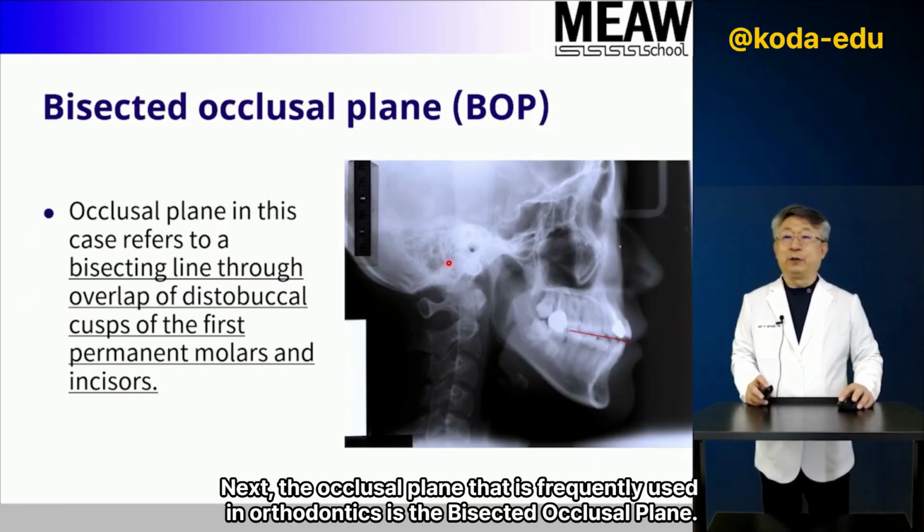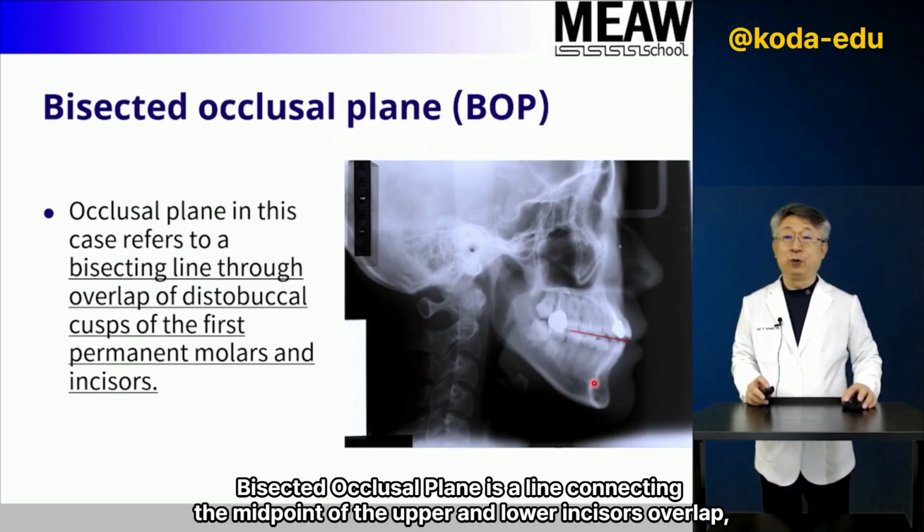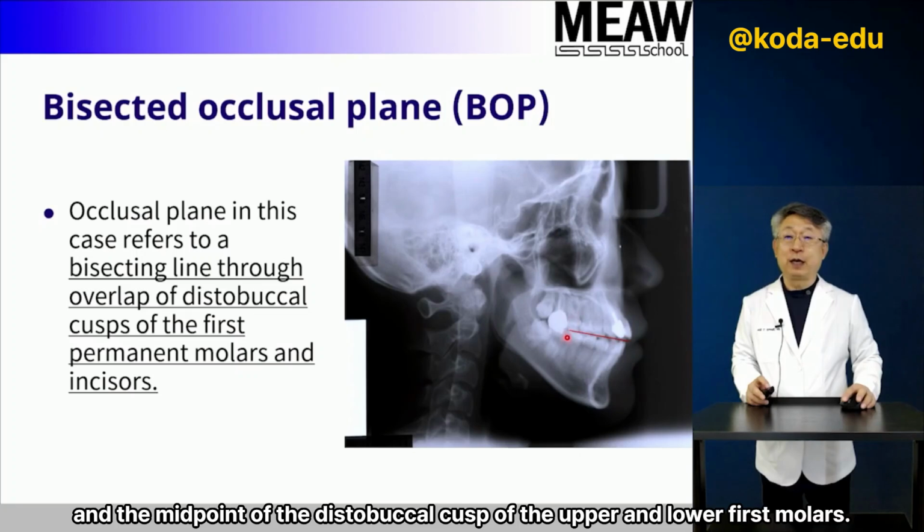Next, the occlusal plane that is frequently used in orthodontics is the bisected occlusal plane. The bisected occlusal plane is a line connecting the midpoint of the upper and lower incisors overlap and the midpoint of the distobuccal cusp of the upper and lower first molars.